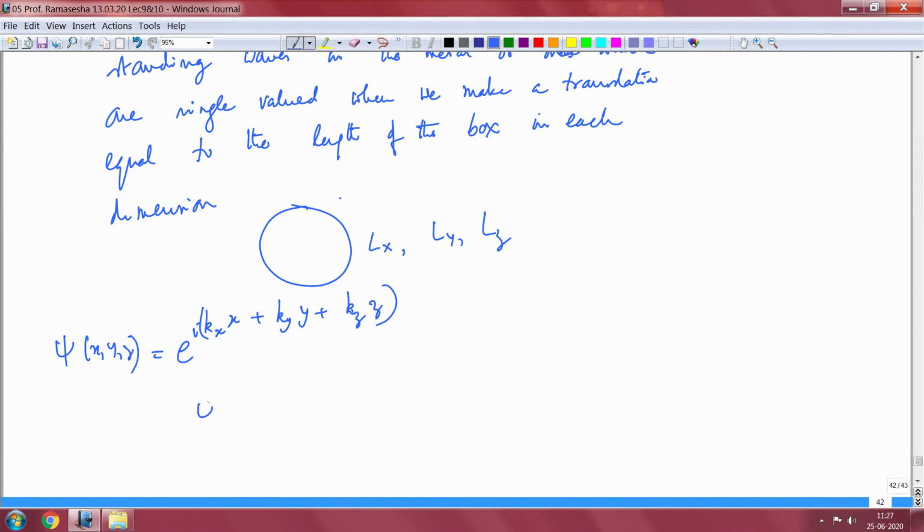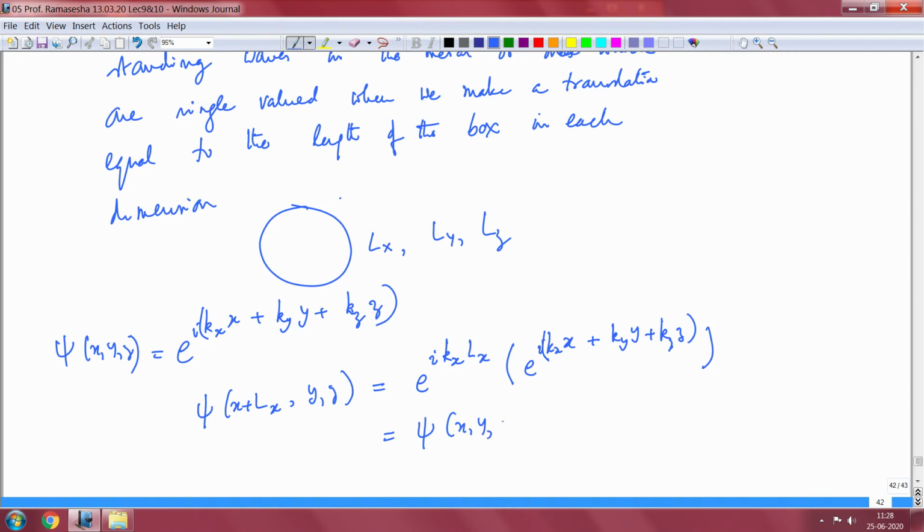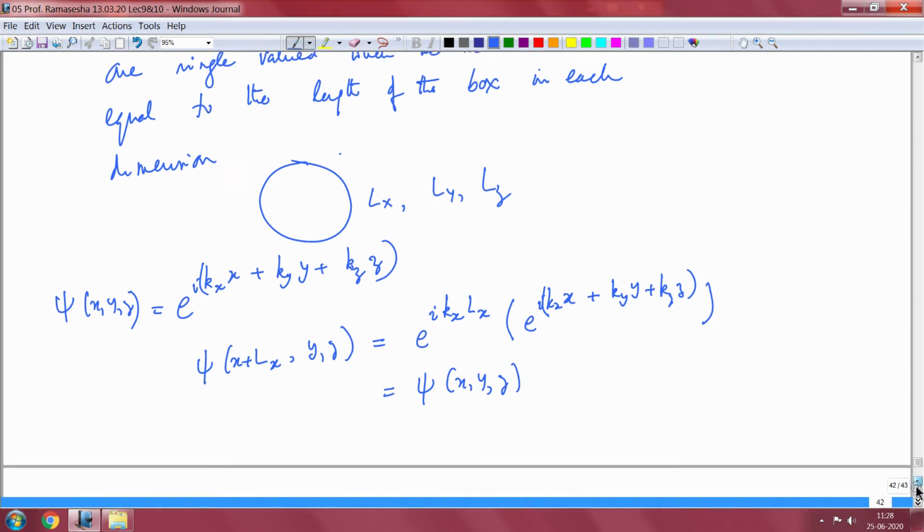If I go to psi of x plus Lx, y, z, then this is equal to e to the power i kx Lx times e to the power i (kx x plus ky y plus kz z), and this should be equal to psi of x, y, z because of single valuedness.